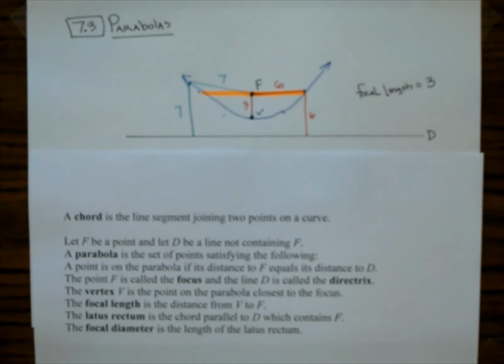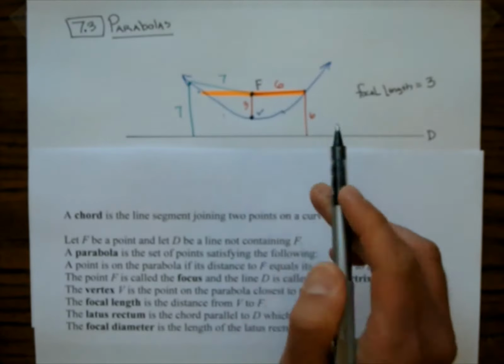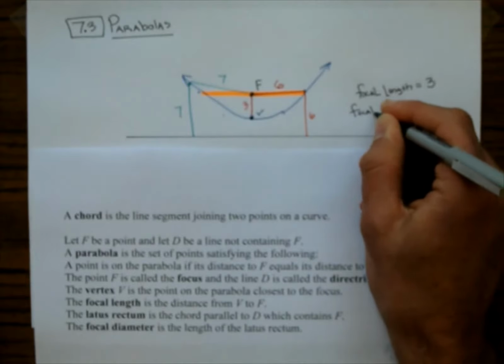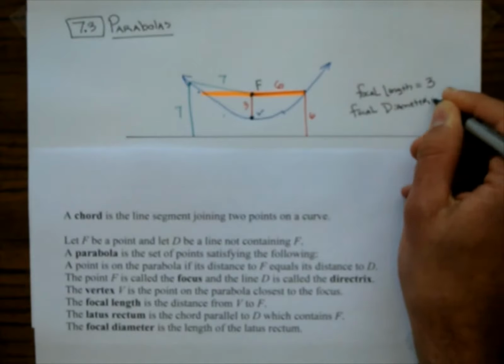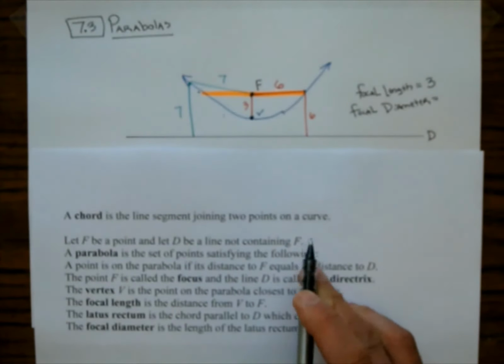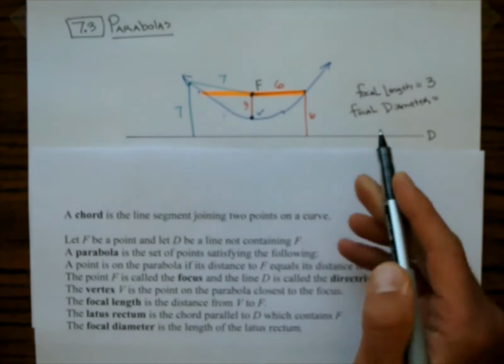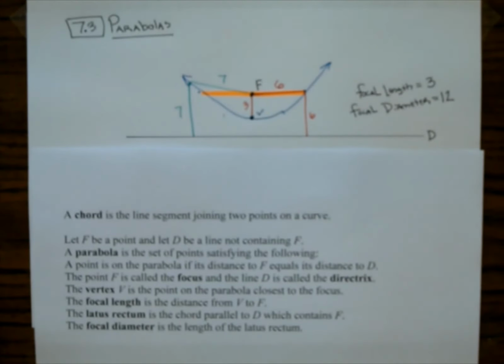The focal diameter is the length of the latus rectum. So how long is this line segment? That is the focal diameter. So the focal diameter on this happens to be what? Well, we have a 6 right there. We know that that's 6. So it is 12. And so those are all the definitions.